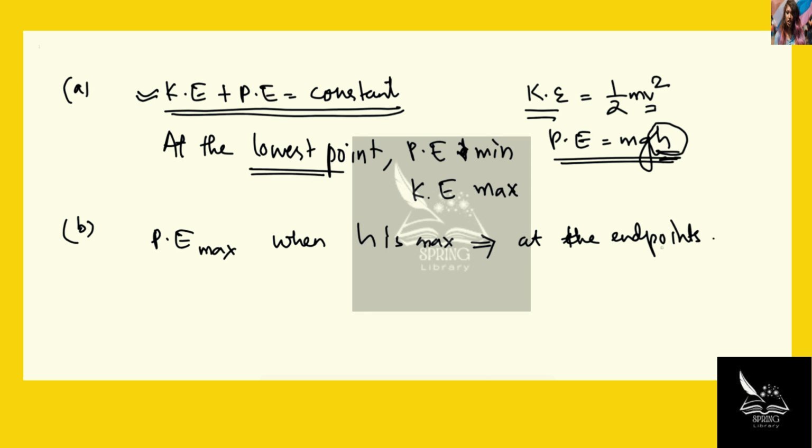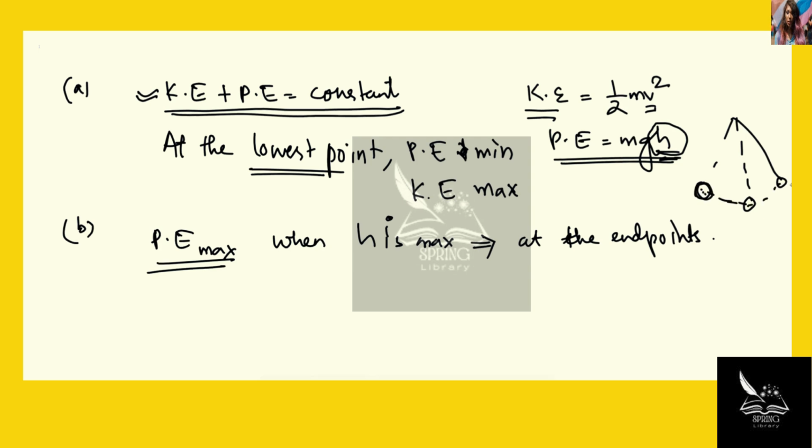And at those endpoints, we can justify this answer that potential energy is maximum, so kinetic energy has to be minimum or zero. So at the endpoints, this is the pendulum. So these two are the endpoints. Goes like this and goes like this.